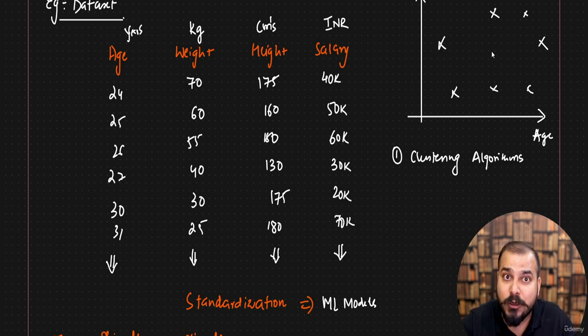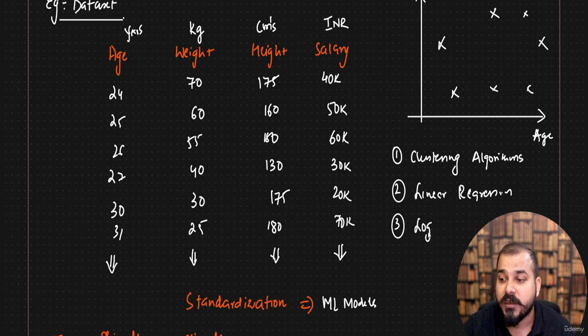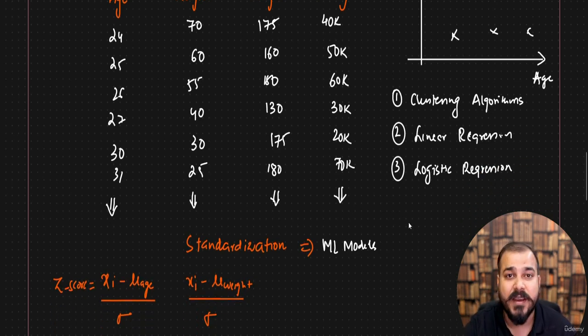And once we bring it into the same unit, all the distances will be near, so the calculation will actually happen fast, right? For algorithms like linear regression, right, we specifically do standardization. The algorithms like logistic regression. So all these algorithms we'll learn in the future in depth, but there are definitely many algorithms where we specifically apply this kind of standardization.